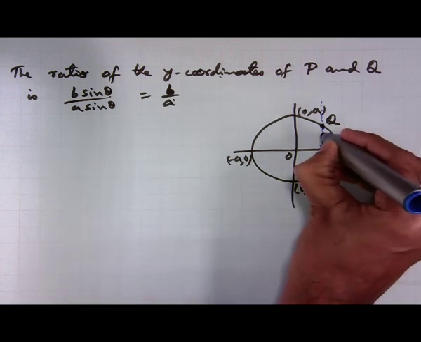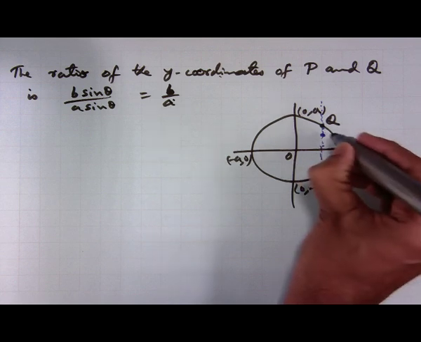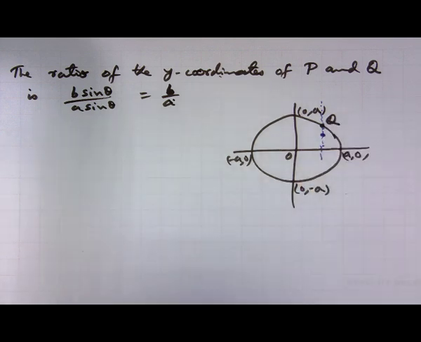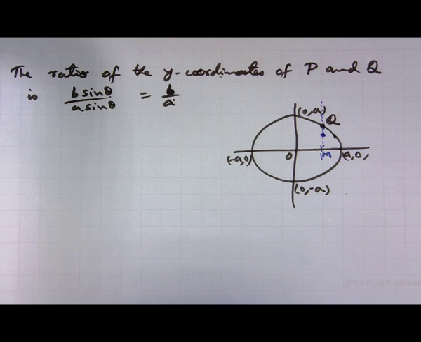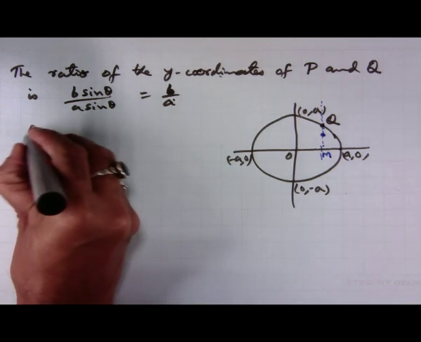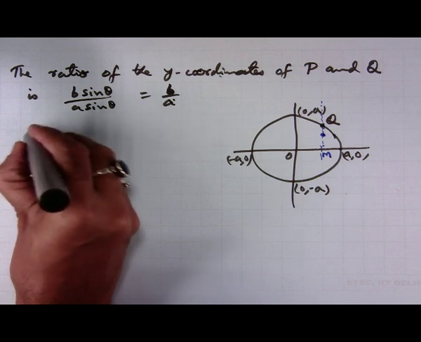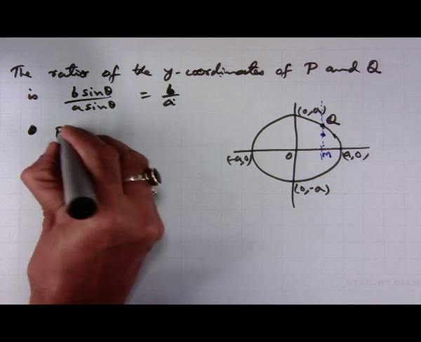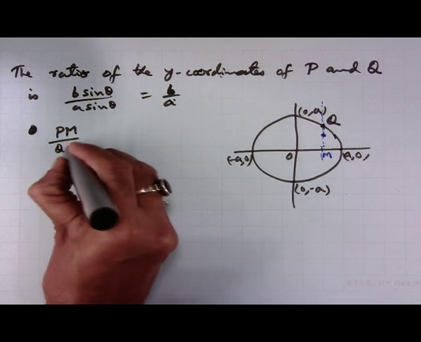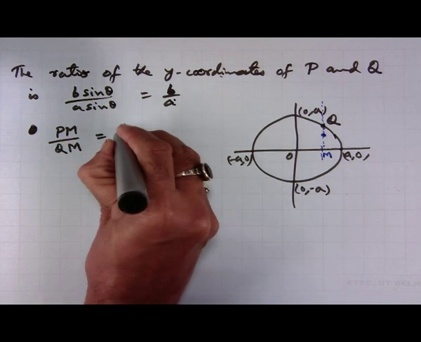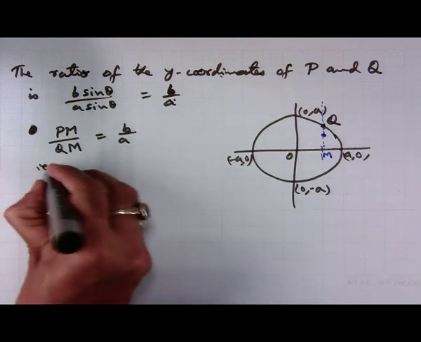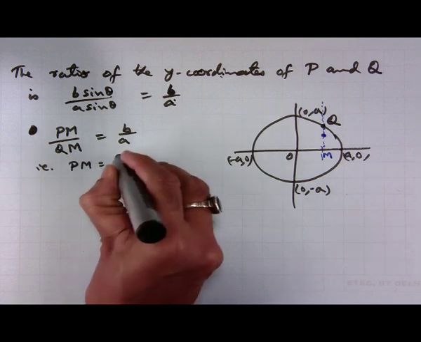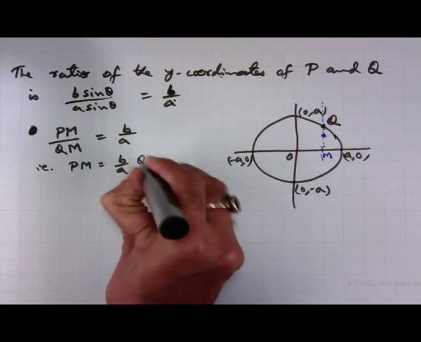and where is this point P? This is such that the ratio, if I call this M, then the ratio PM divided by QM is equal to b by a. So, that means that PM is equal to b by a times QM.